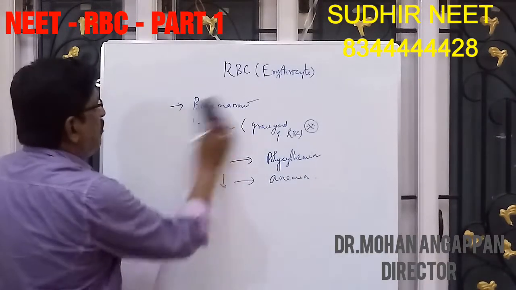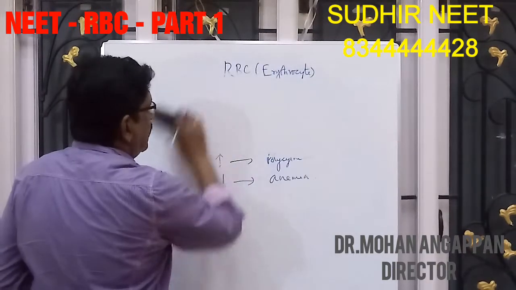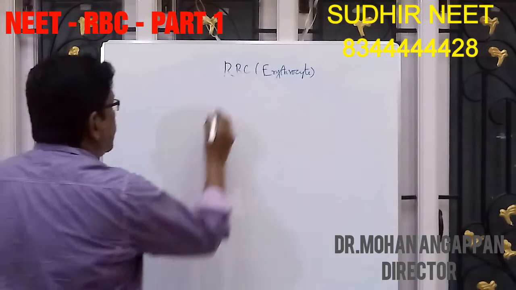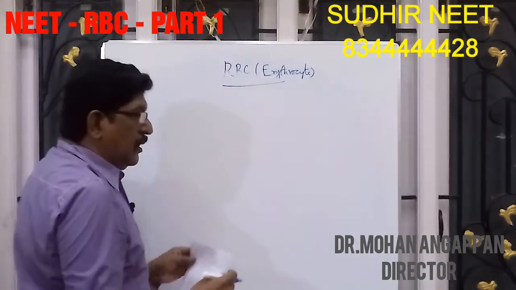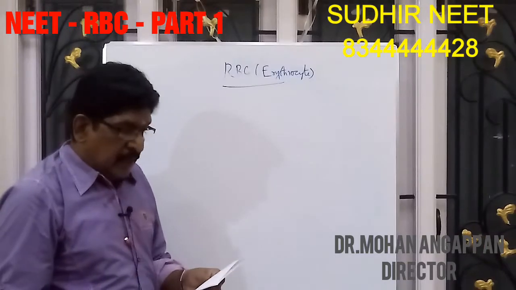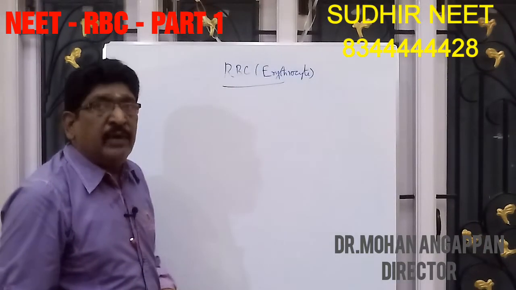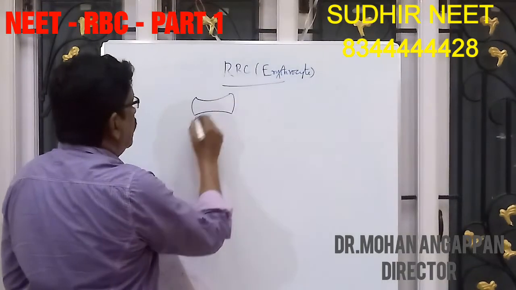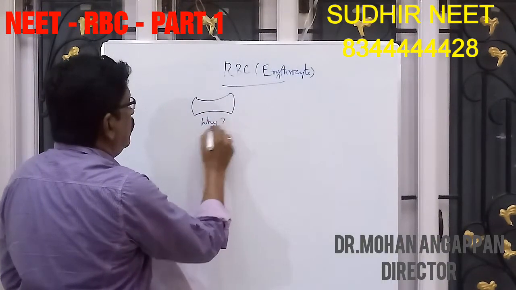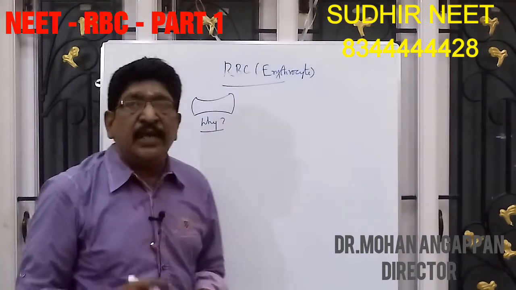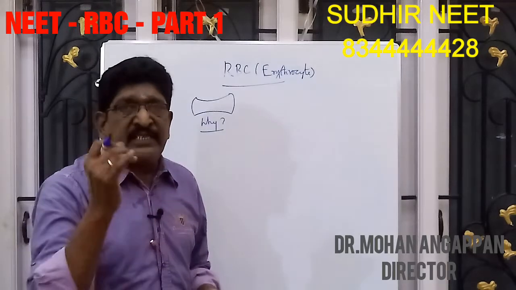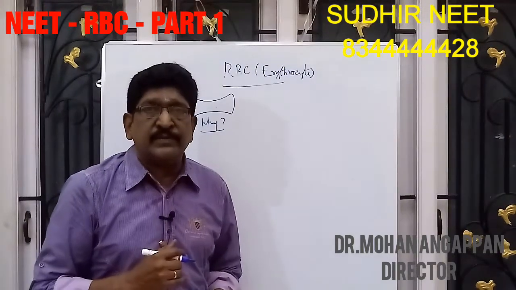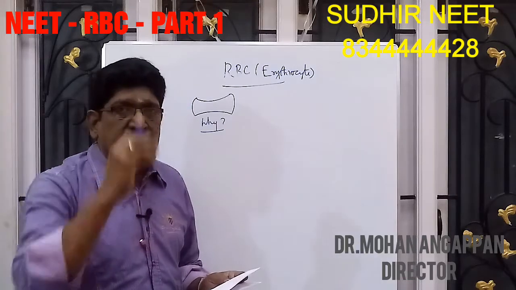Then some other facts about RBC let us take now. I told you the shape is biconcave. Why? Do you know? The shape of the RBC is biconcave for these reasons. Number 1, it can easily pass through the capillaries by this structure.